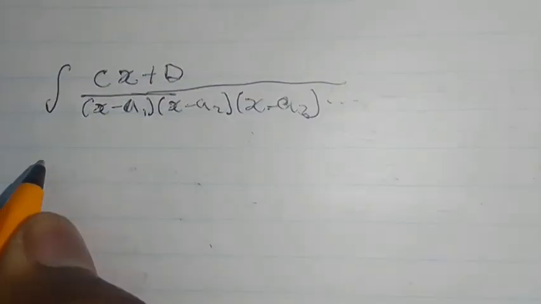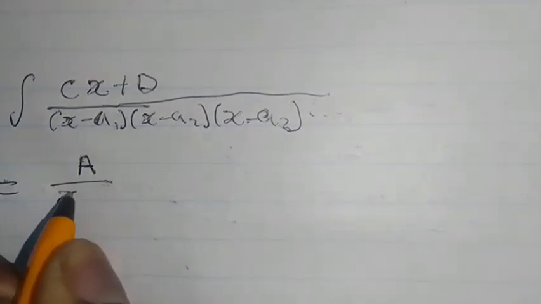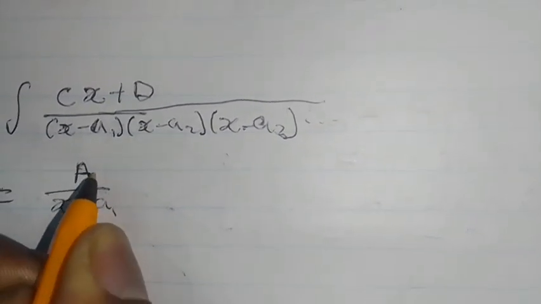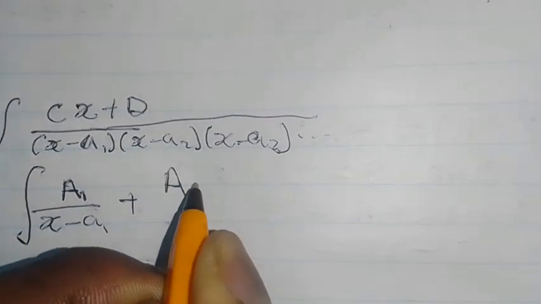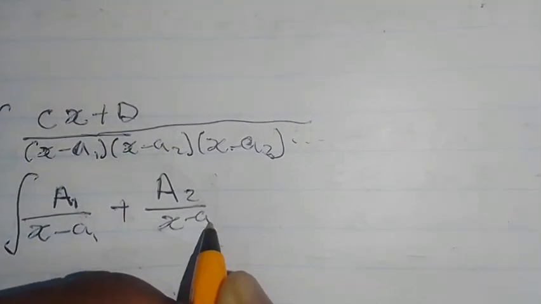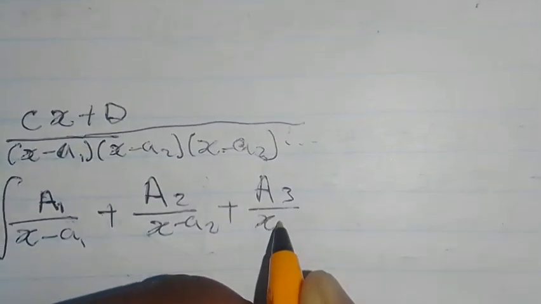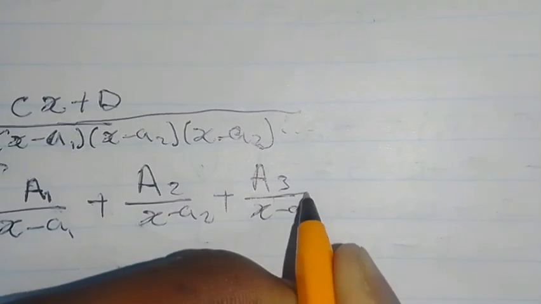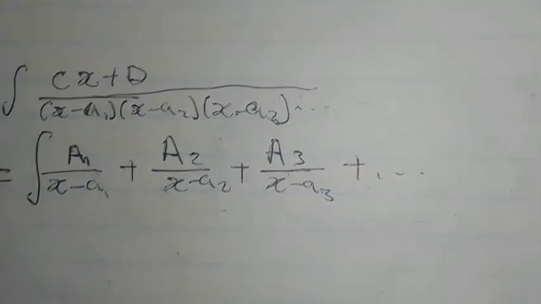You can rewrite this as the integral of a1 over x minus a1 plus the integral of a2 over x minus a2 plus the integral of a3 over x minus a3. So this is up until a_n, because this is just progressing like that, but that's perfectly fine.